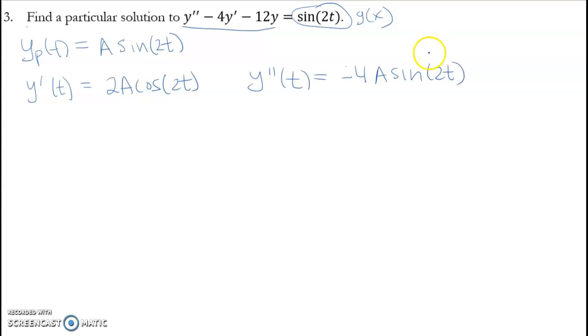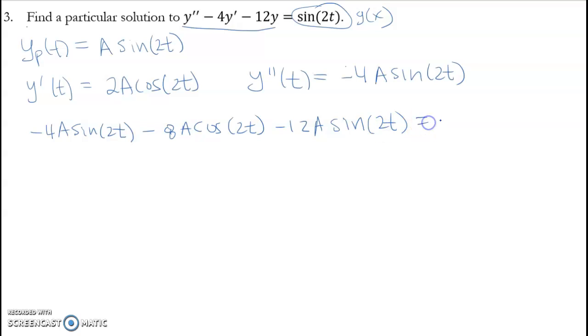I'm just going to plug these values into our original equation. That gives us -4a sine of 2t minus 4 times 2, which is 8a cosine of 2t, minus 12 times y, the particular solution, which is just a times sine of 2t. And we know this equals sine of 2t.